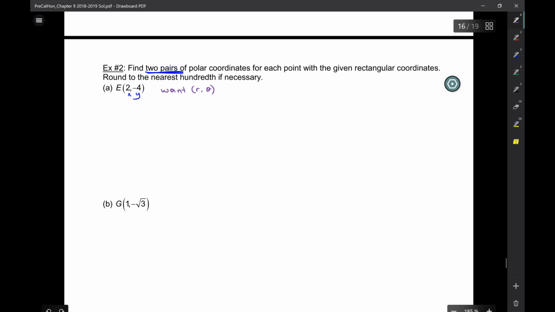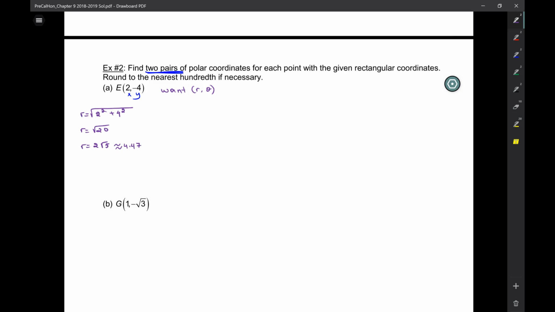If you're given x and y, r is the easiest. It's just the square root of 2 squared plus 4 squared. Yes, it's negative 4, but we're squaring. So r is root 20, which is 2 root 5, and that's roughly 4.47. I'll just give you that one.